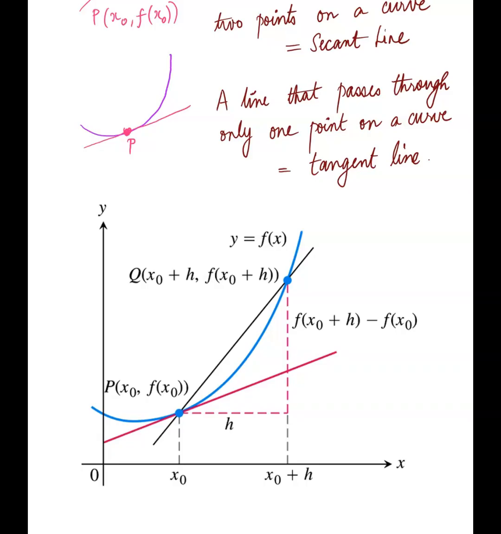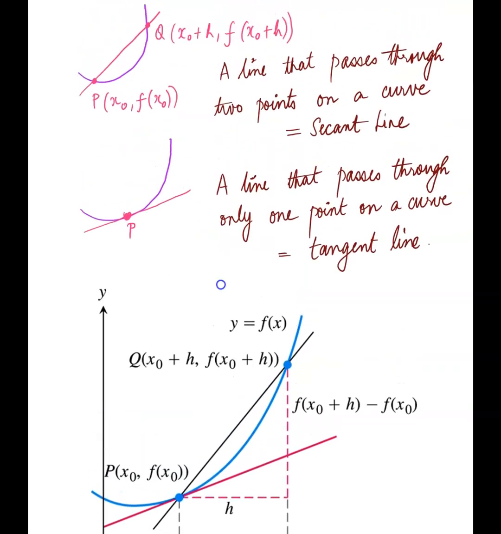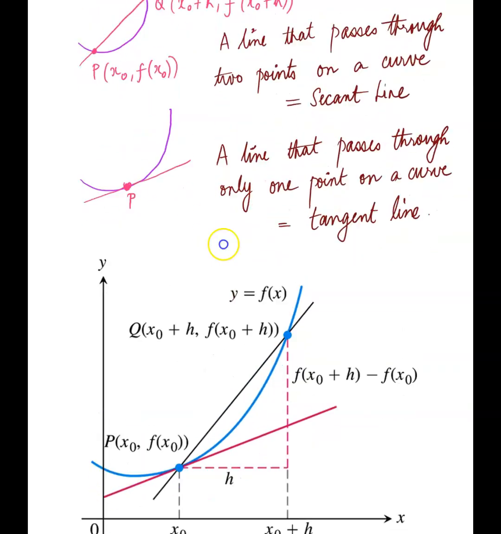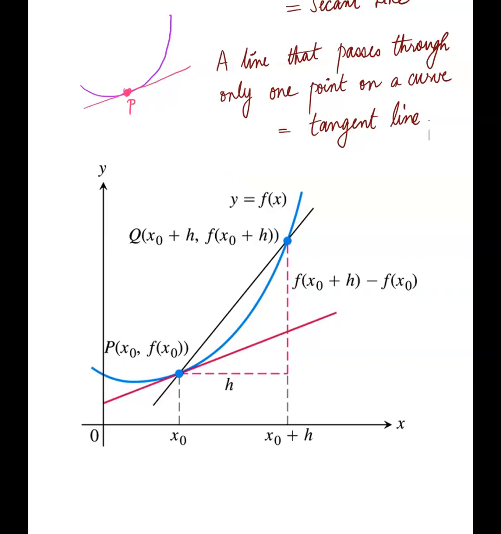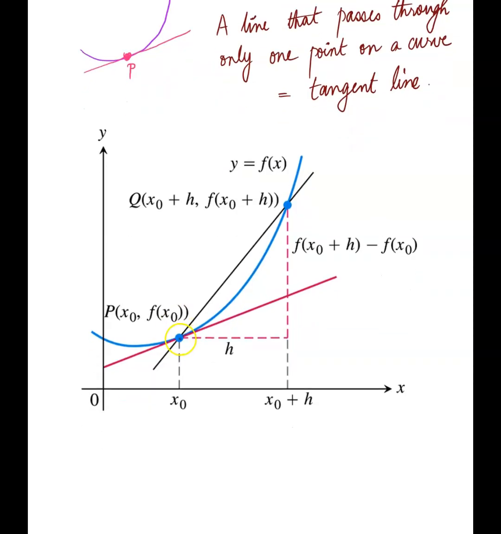So now if I combine these two scenarios, you can see that P is x0, f of x0, and Q is x0 plus h, f of x0 plus h.